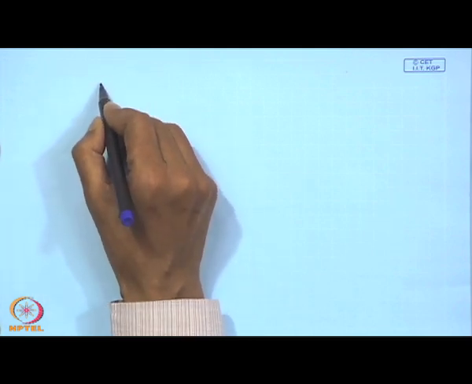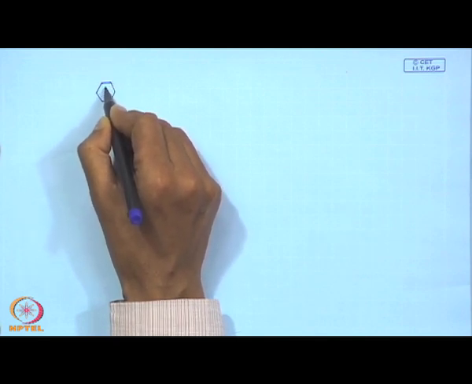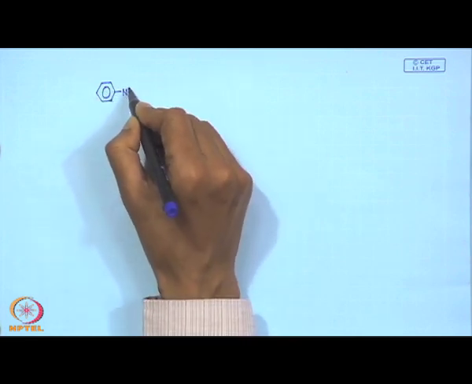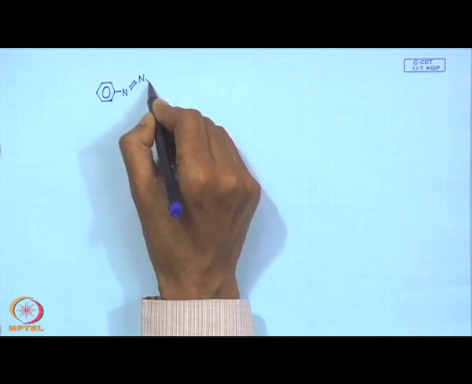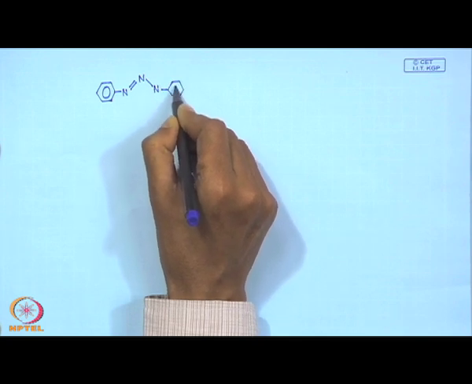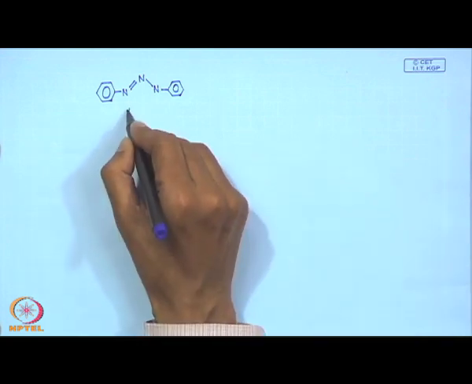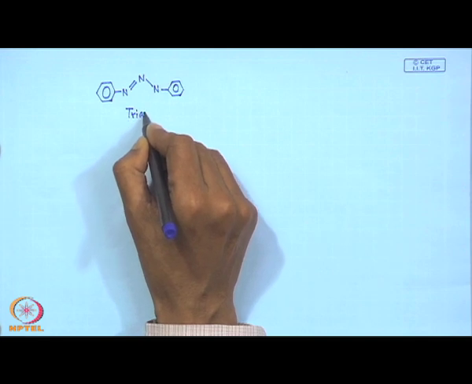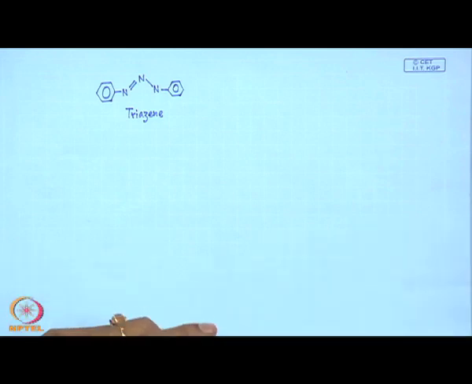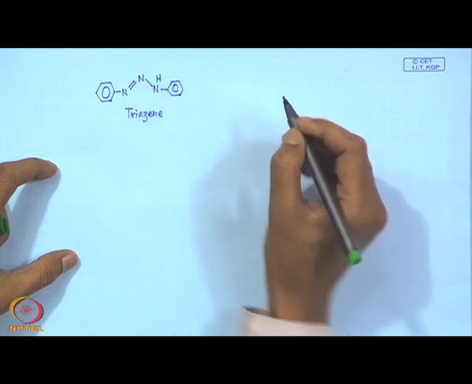So, if we have a typical organic ligand like this, which is known as the corresponding triazine, obviously it will have one hydrogen over here.